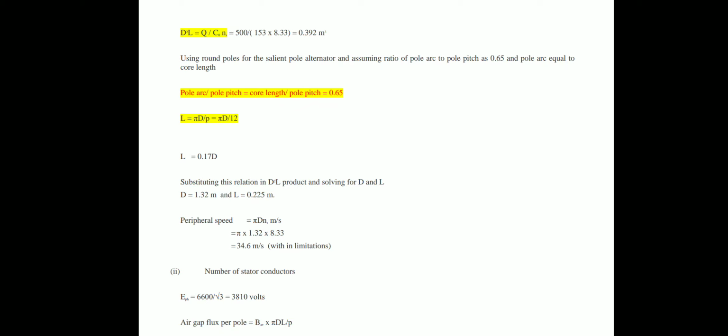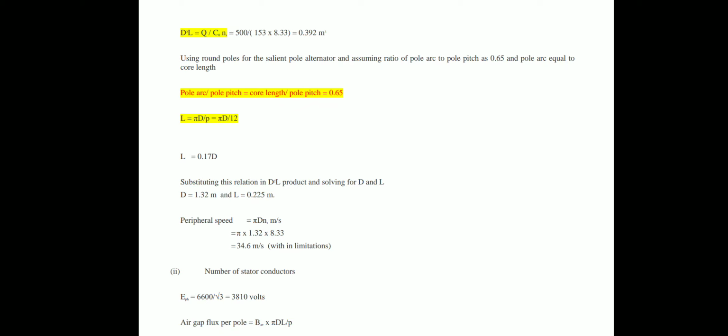L is equal to 0.65 into pi D by p is equal to 0.65 into pi D by 12. Hence L is equal to 0.17 D. Now substituting this relation in the D square L product and solving for capital D and capital L, which are the main dimensions of the machine, D is equal to 1.32 meter and L is equal to 0.225 meter.